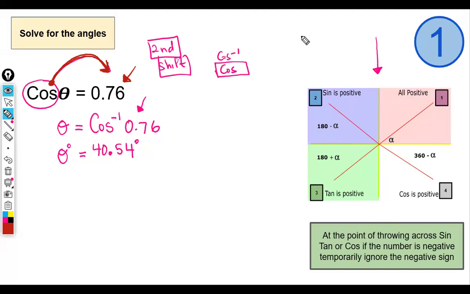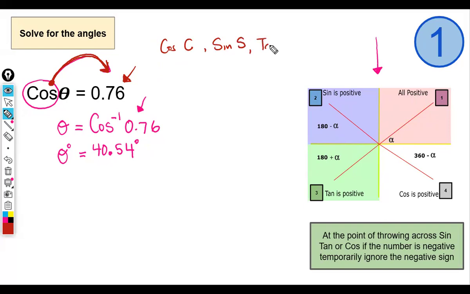Just to make things a little bit easier on me, for cosine, I will just use the letter C, for sine, I will use the letter S, and for tan, I'll obviously use the letter T. In quadrant 1, everybody is positive. So that means cosine is positive, sine is positive, and tan is positive by default.